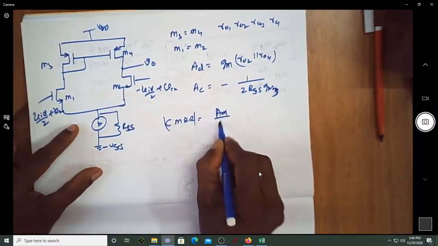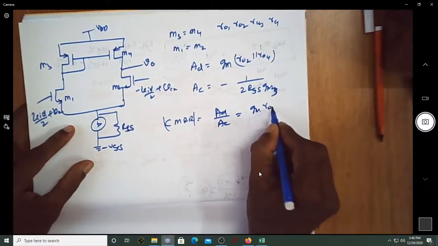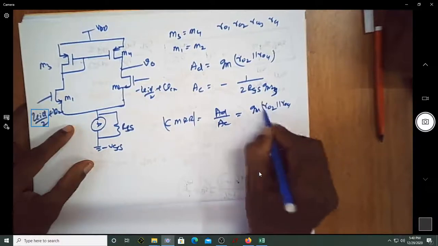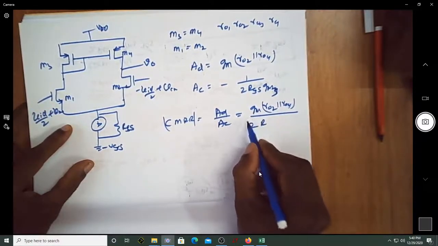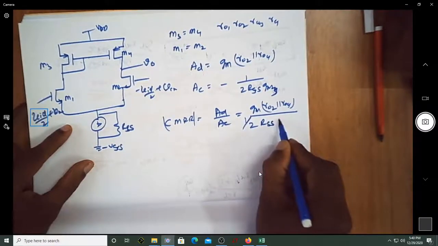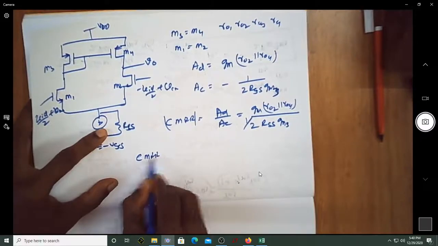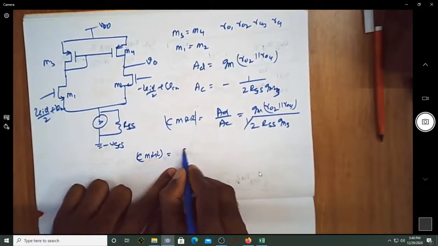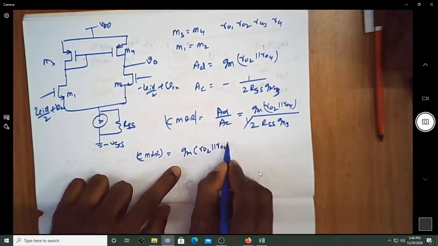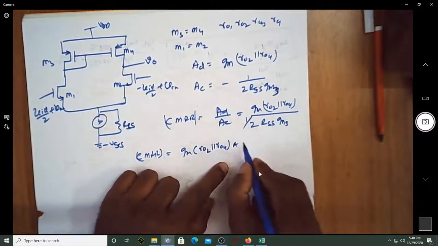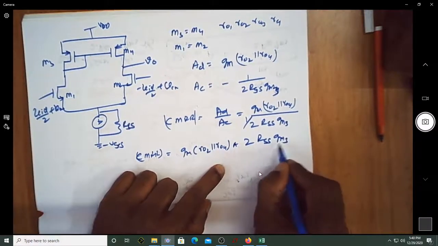So we can certainly find out what is CMRR in terms of magnitude, which is nothing but AD by AC. AD by AC is nothing but GM into R02 parallel with R04 divided by 1 over 2 times RSS into GM3. So CMRR is now equal to GM into R02 parallel with R04 times 2 times RSS into GM3.